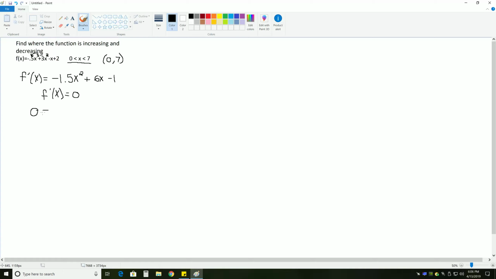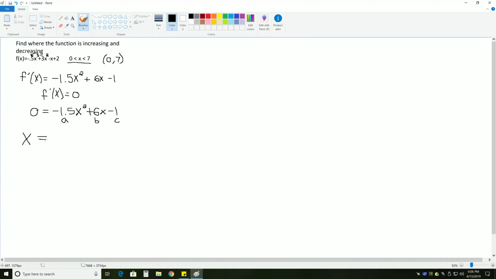So we have 0 equals negative 1.5x squared plus 6x minus 1. And unfortunately, this isn't a problem that we can just factor. So we need the quadratic formula to solve this. Remember, our quadratic formula is given the values a, b, and c, where a is the number multiplied to the x squared term, b is the number multiplied to x, and c is the constant by itself.